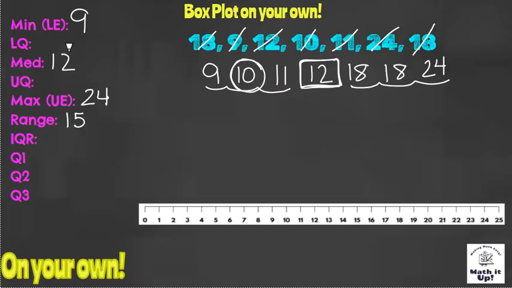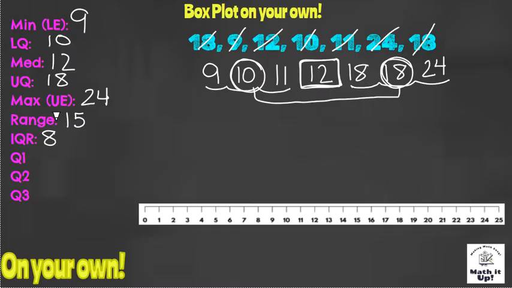This must be my middle or median of this side, my lower quartile. This is my middle or median of this side of my data, or my upper quartile. And my interquartile range is from here to here, and that is going to be 8.